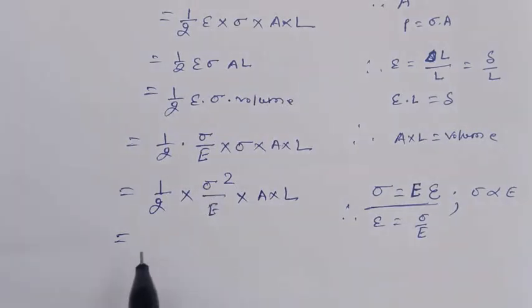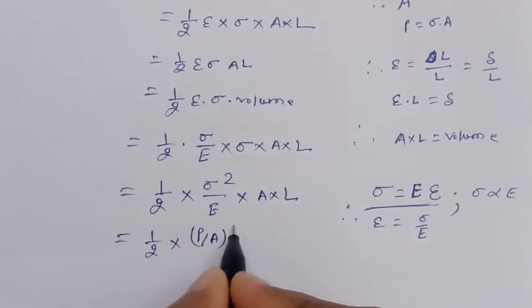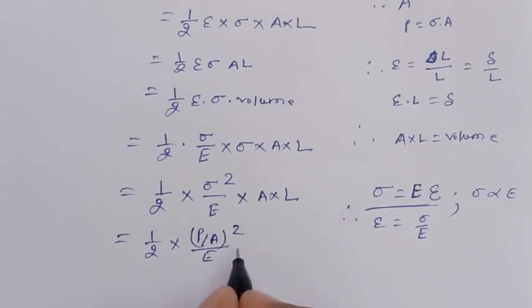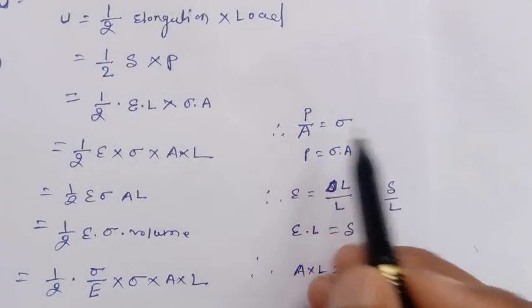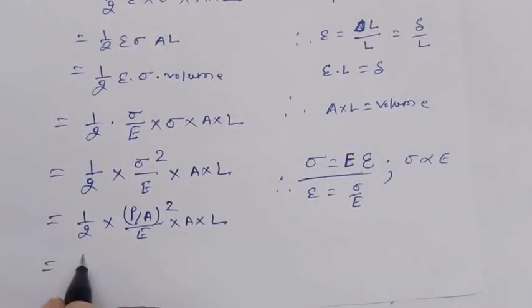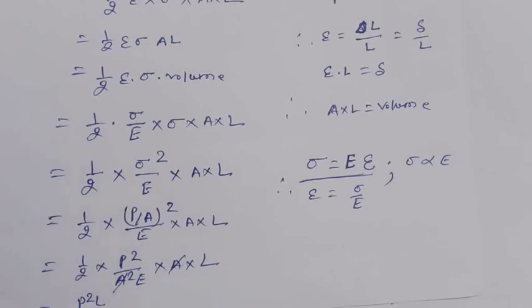So we can write sigma as P by A, whole square, by E, into A into L. Sigma is nothing but P by A. So we can write 1 by 2 into P square by A square E into A into L. The area A here and this A can be cancelled, and written as P square L upon twice AE.